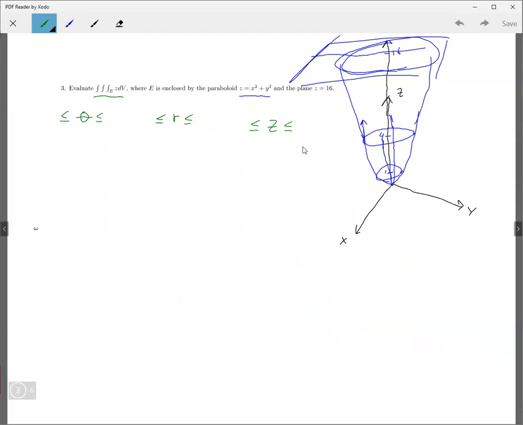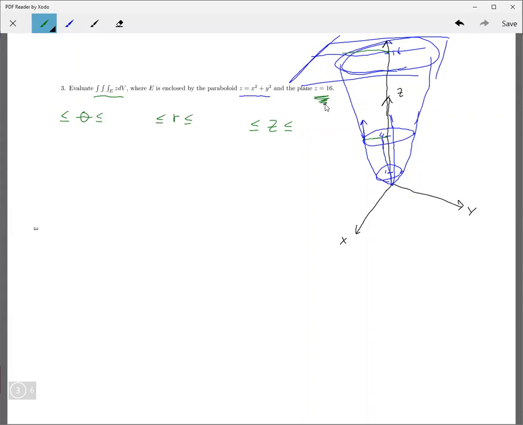Okay, so what are the bounds on Z now? Anybody want to take a guess? Is it 0 to 16? Yeah. When you're up here, it's 0 to 16, right? But if you're here, it's only from 0 to 4. No, I'm sorry, 0 to 2. Oh, wait a minute. Is it 16?